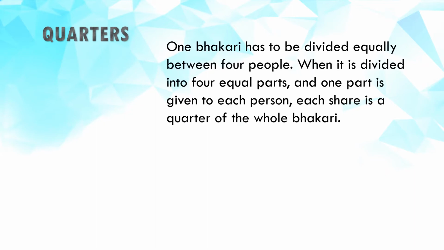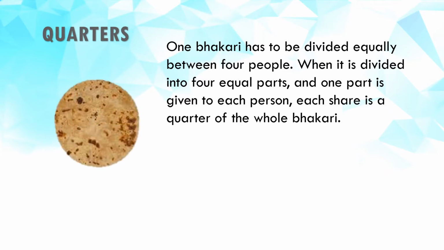Quarters. One bhakri has to be divided equally between 4 people. When it is divided into 4 equal parts and one part is given to each person, each share is a quarter of the whole bhakri.